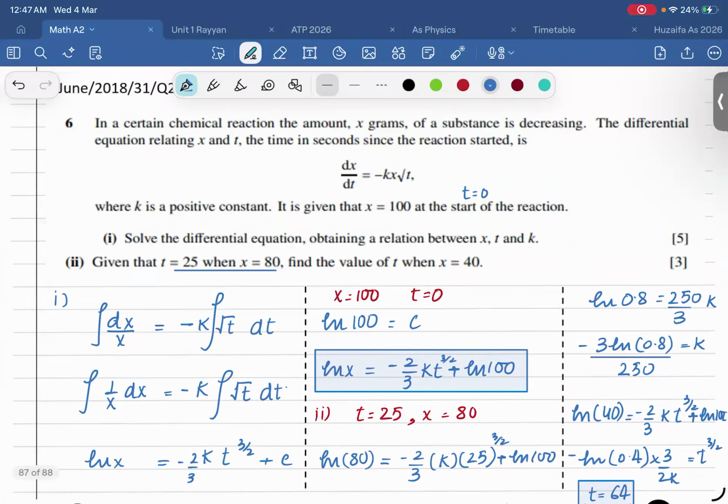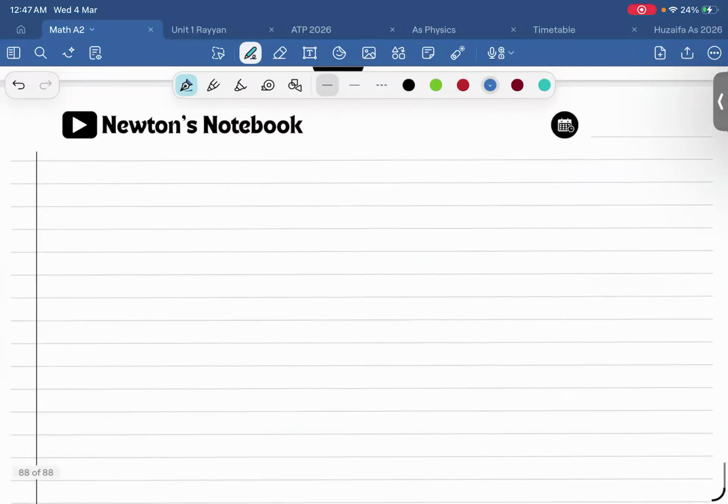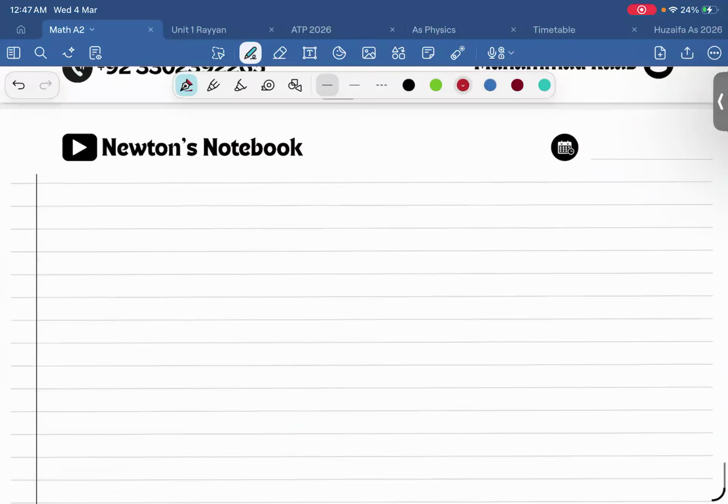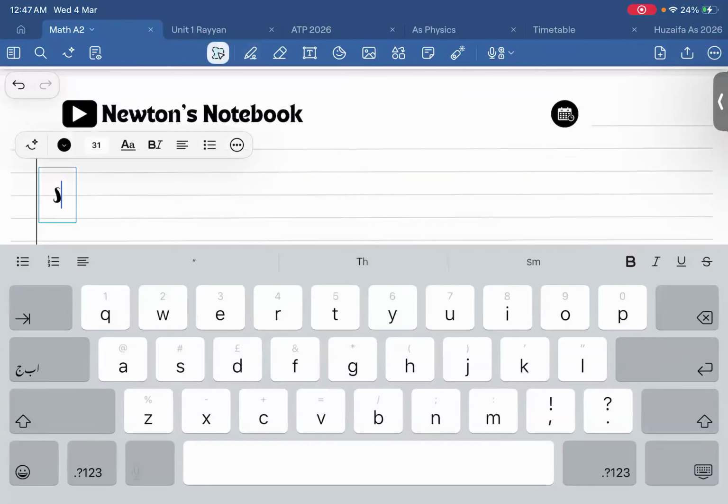Okay, so this is a very simple question, type 1 question. Okay, so what you have to do is the steps, or the method, if you write step.